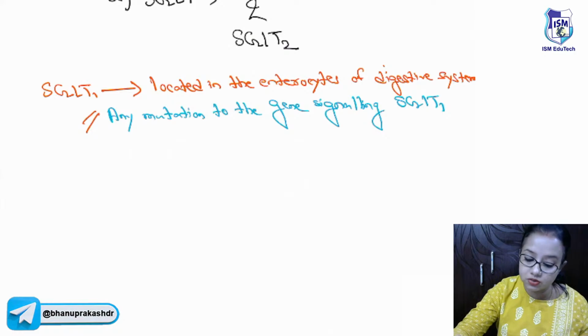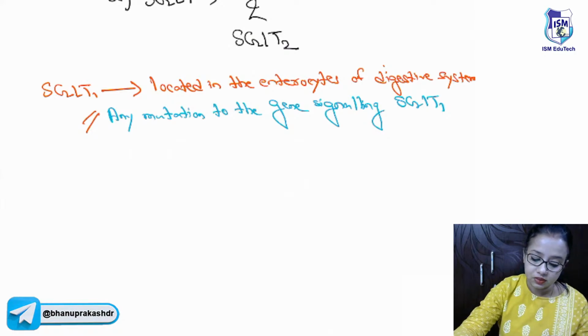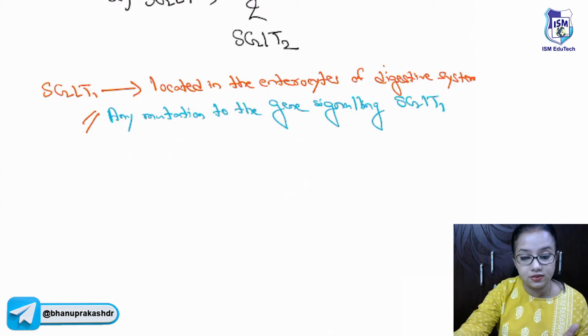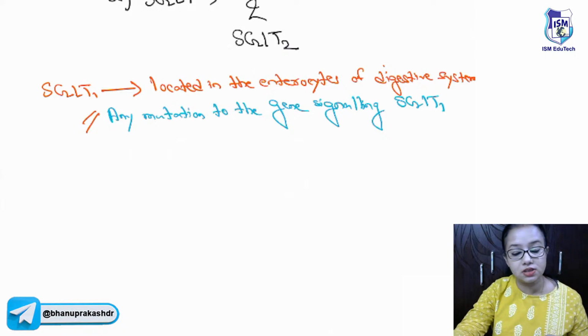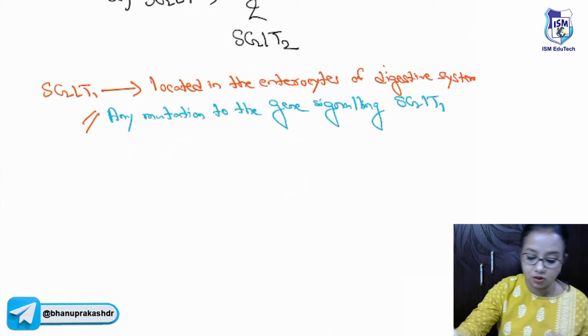What was it doing in the intestinal enterocyte? It was co-transporting the sodium and the glucose, obviously, right? So if there is any mutation to the gene signaling that one, the formation of this carrier protein will be hampered, it will be distorted, it will not function properly.